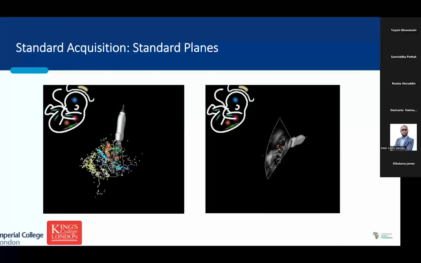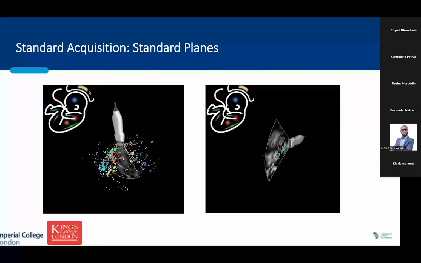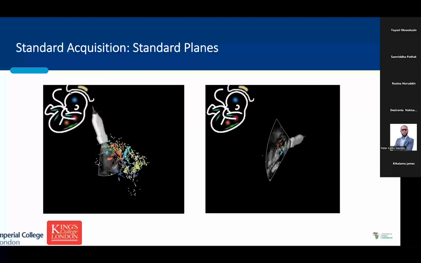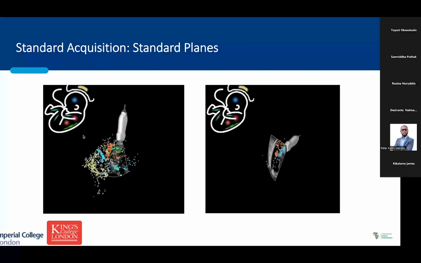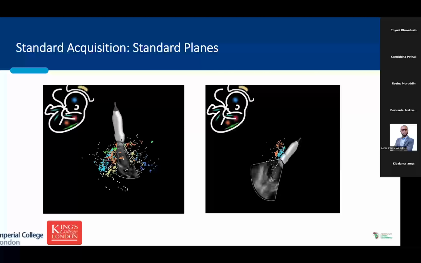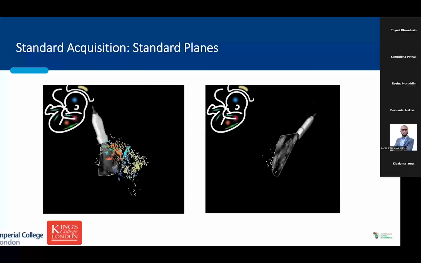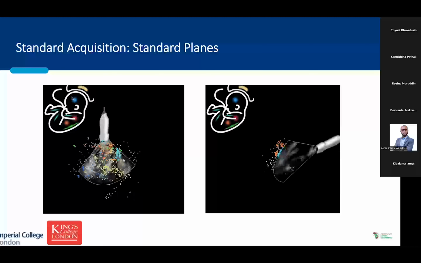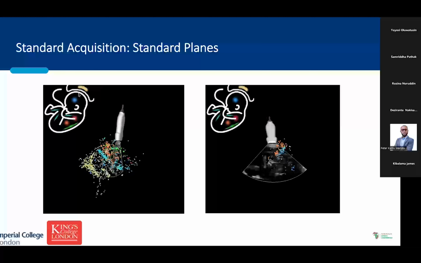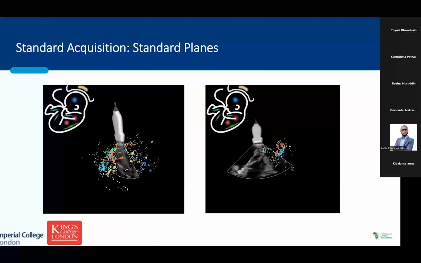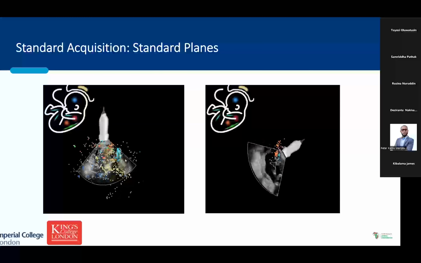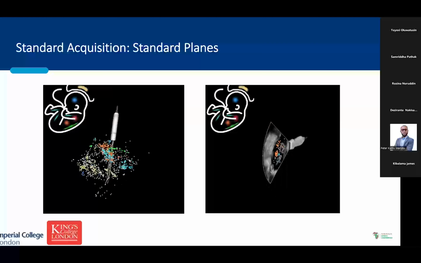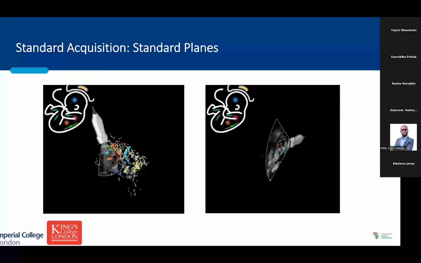With this imaging, you can see that a child can have multiple different areas for multiple standard views. The left diagram shows the standard views that exist over the entire fetus body, and you can see in the right diagram that the expert has to move the probe with domain knowledge to find the right views, and it's a bit complicated.